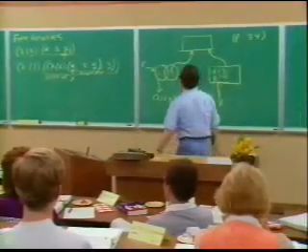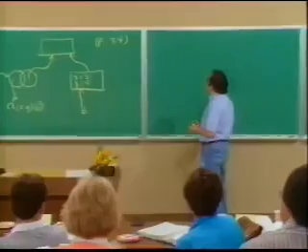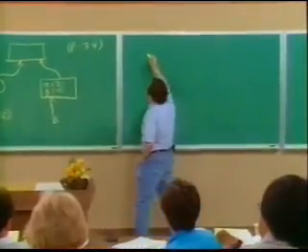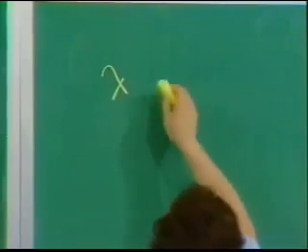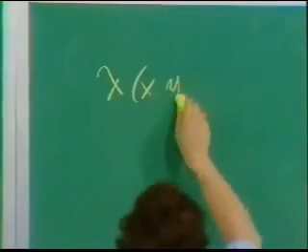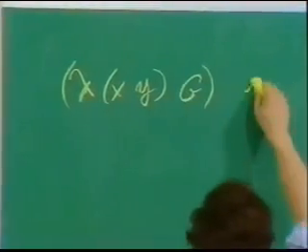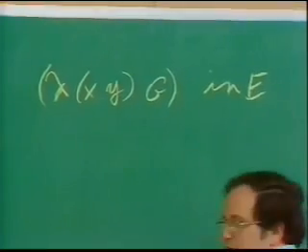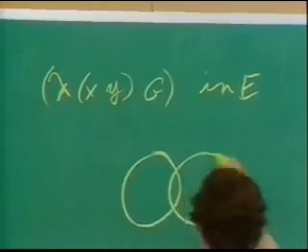So, for example, if I happen to be evaluating a lambda expression in E, lambda of, say, x and y, let's call it g in E, evaluating that, well, all that means is I now construct a procedure object.